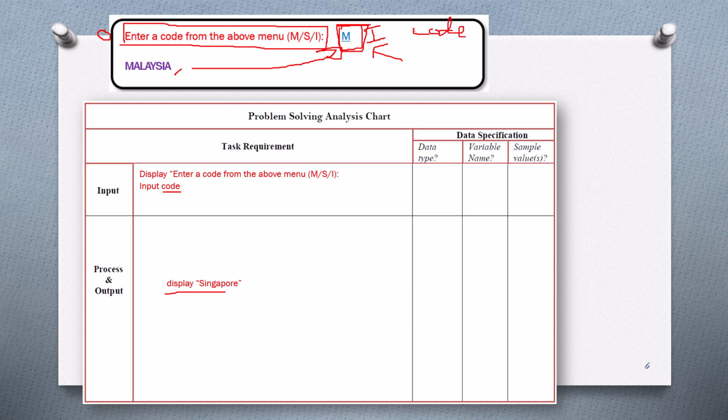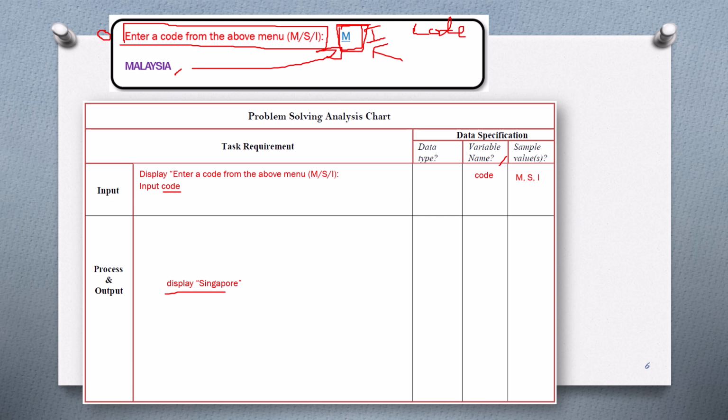So now I have one variable name here. Check it here. The name is code. So what will be the sample value? Sample value is M, S, I, K, right? So only one value will be stored into this location.